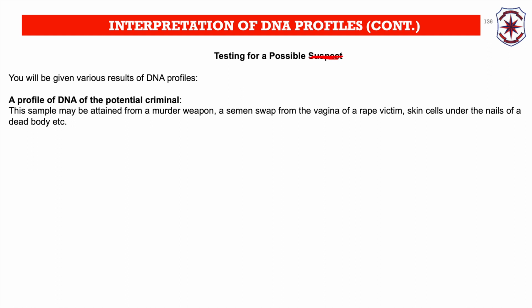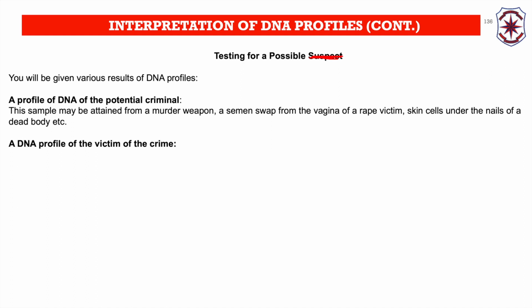This sample may be attained from a murder weapon, a semen swab from the vagina of a rape victim, or skin cells under the nails of a dead body, etc. Okay, so this is the DNA profile of evidence found at the crime scene. The second DNA profile is the DNA profile of the victim themselves.